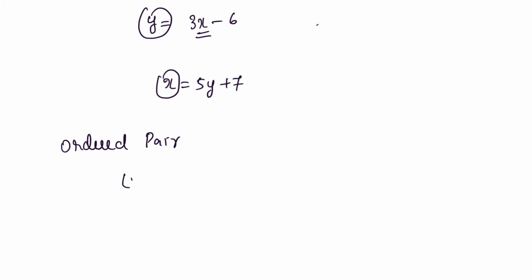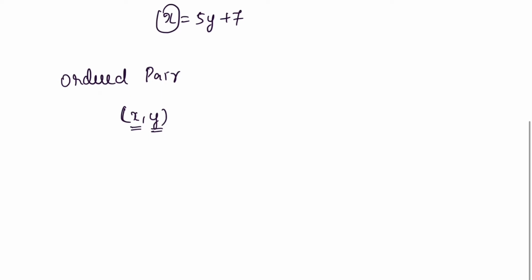It will be of the form (x, y). This is what we explained in the beginning about coordinate geometry, a pair of two numbers. x is called the first component and y is called the second component.